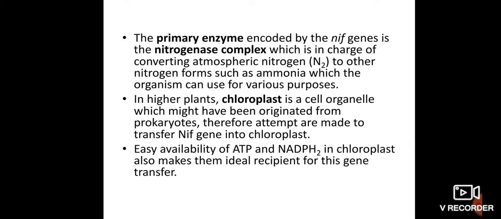In higher plants, the chloroplast, which is a cell organelle, might have originated from prokaryotes, they say. Therefore, attempts are made to transfer NIF gene into chloroplast. The easy availability of ATP and NADPH2 in the chloroplast also makes them ideal recipients for this gene transfer.